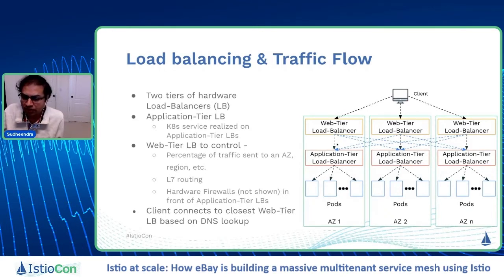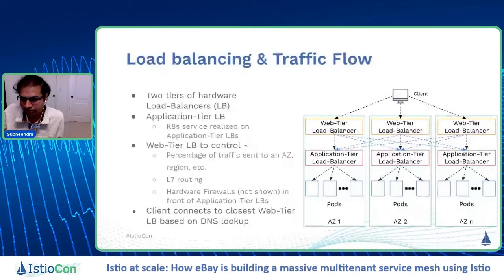The web tier load balancers are where we control what percentage of traffic has to be sent to which particular availability zone. And if we want to take out an application from a particular availability zone or particular region, we have controls for that in the web tier load balancer. For example, the arrows here show the connectivity, the traffic flow.